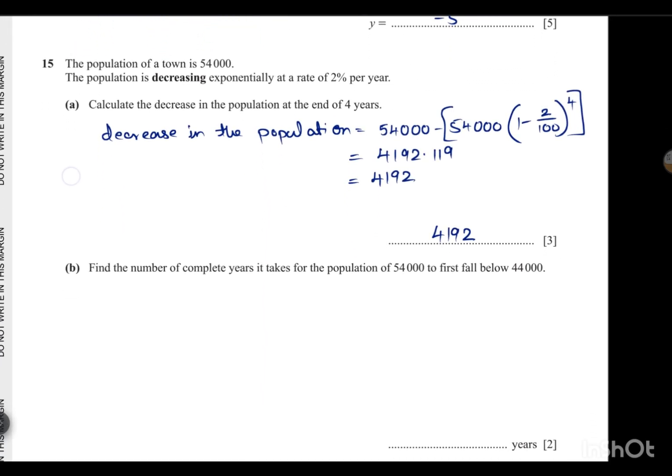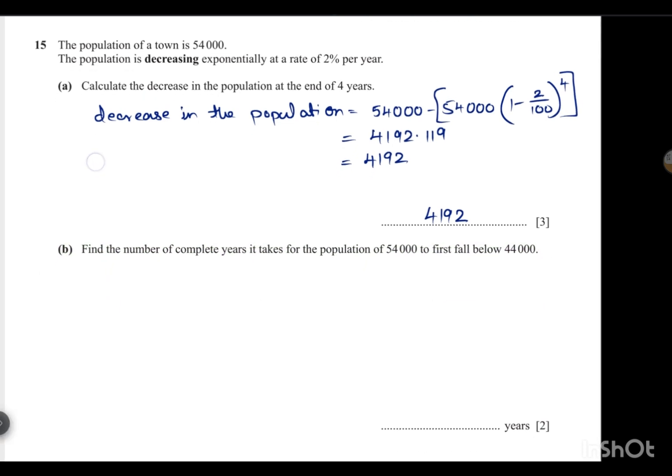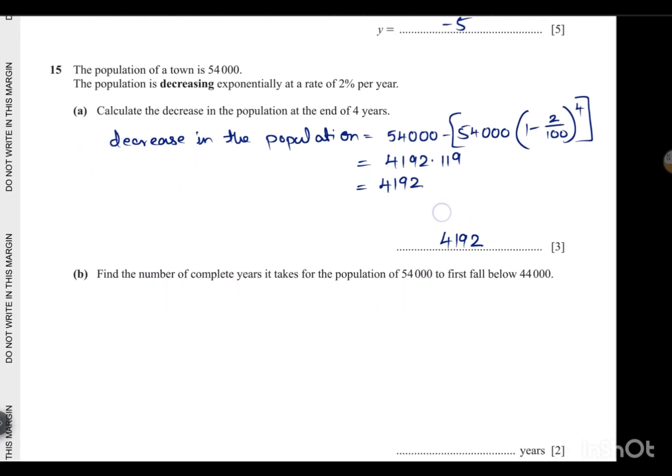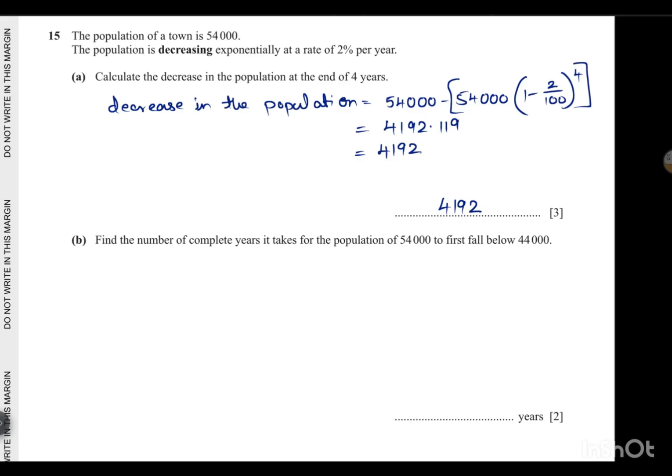Then question number B. Find the number of complete years it takes for the population of 54,000 to first fall below 44,000. So now when we are seeing after 4 years it is falling about 4,000, so that means it is not less than 44,000. So it has to go below 44,000.